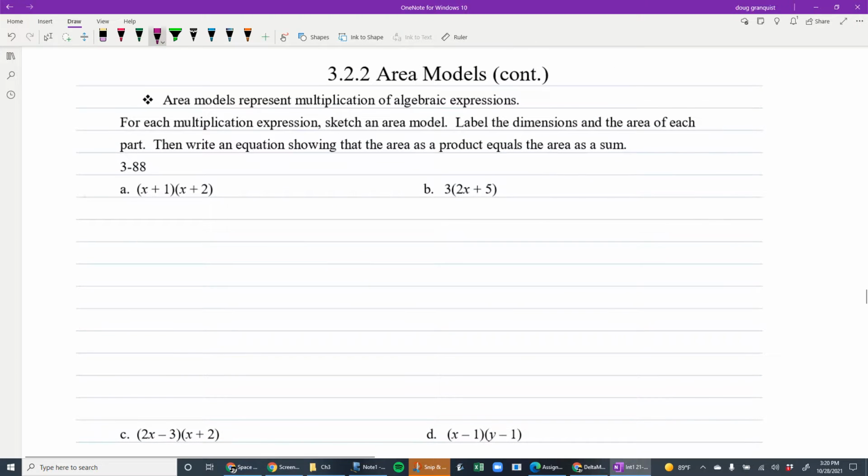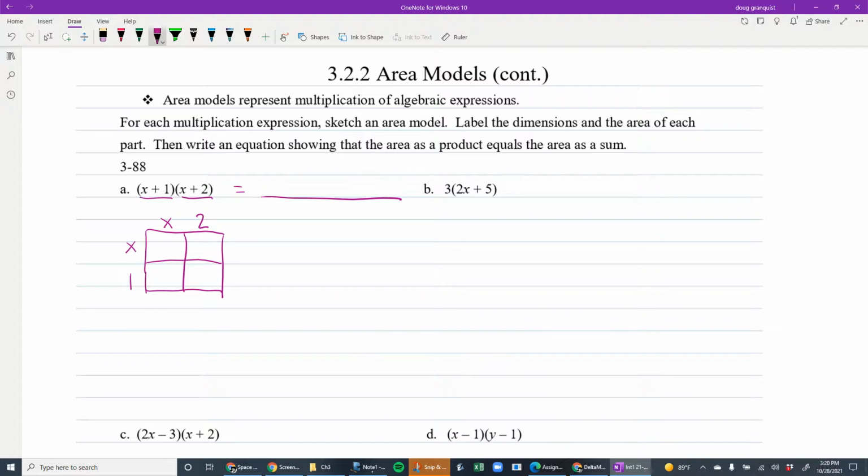You have these problems right here, and you want to set up an area model that suits it. Since this one is 2 on this side and 2 on the other polynomial, we're going to multiply through and write it out as the sum right there.